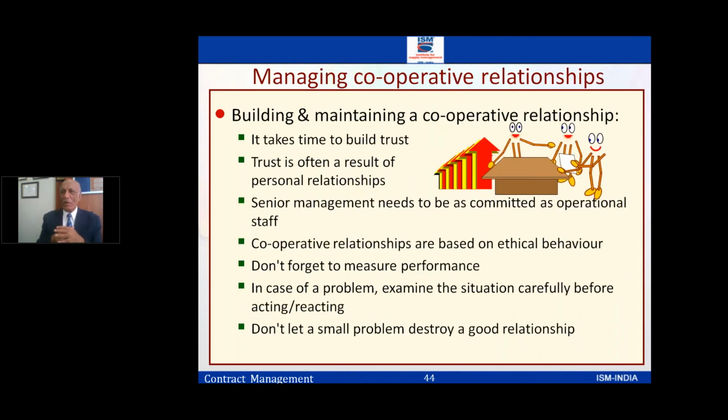So when it comes to the cooperative relationship, and this one is very relevant if I go back to the 2x2 matrix, particularly when the items are very bottleneck items, or items are very strategic and critical items. That's a place we want to build and maintain a cooperative relationship. I'm working in a company and there are only 1 or 2 suppliers.